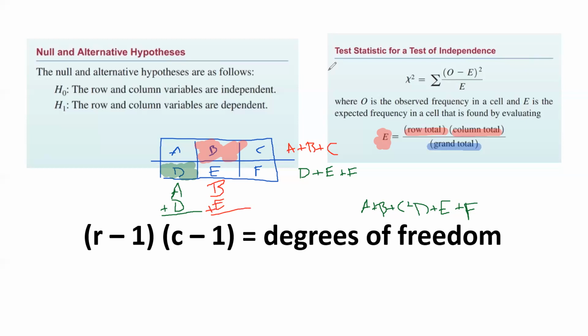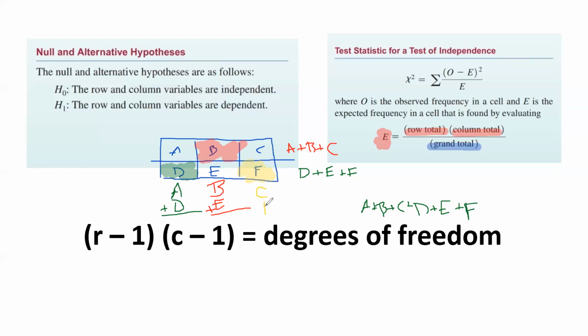All right, I'm going to do another one and ask for some other volunteers. Let's do the expected frequency for F. What would we add up? C plus F. All right, now I asked for row total, but if you were getting column total, you'd be right.